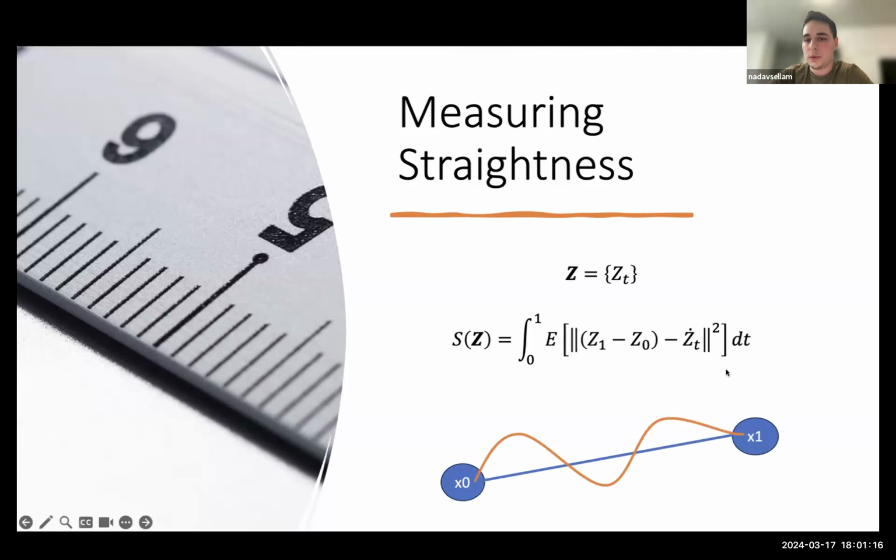And at each point in time t, we look at the derivative. The derivative is actually the tangent. So we look at the tangent and compare it to the straight line. If the two trajectories are equivalent and both are straight, then we would get the line between x0 and x1 at each point, and this measure would be 0. And if not, it would measure how much we deviate from a straight path.